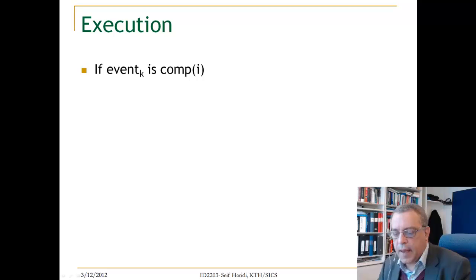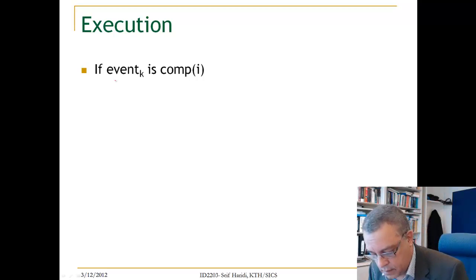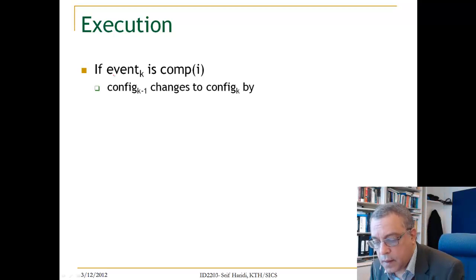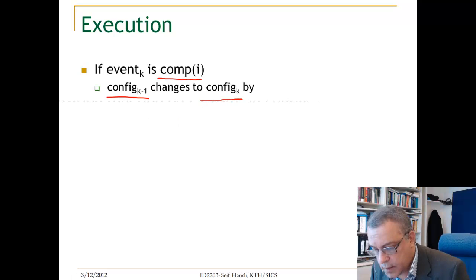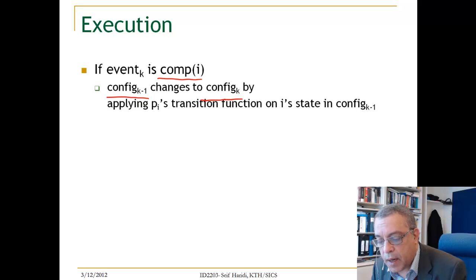If the event is a computation event, we are going to transform our configuration, say in this case k-1 to configuration k, by applying node i's transition function on the i state in configuration k-1.